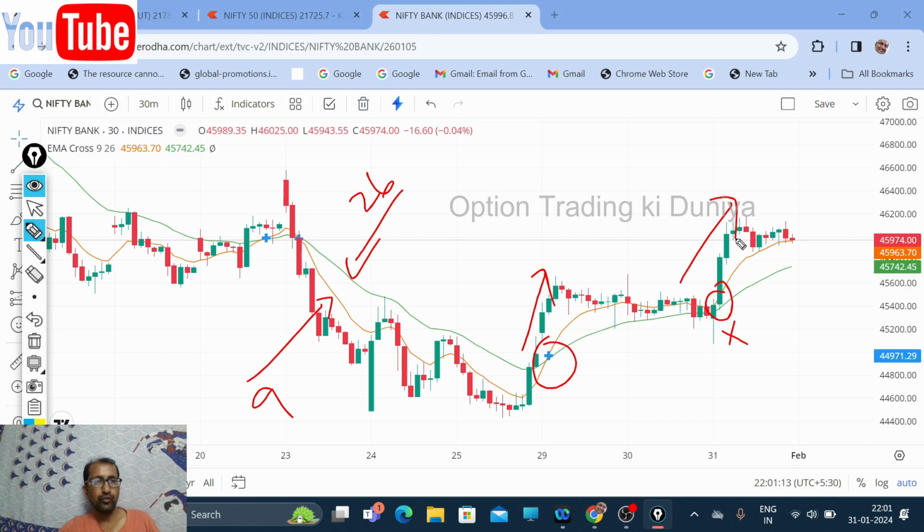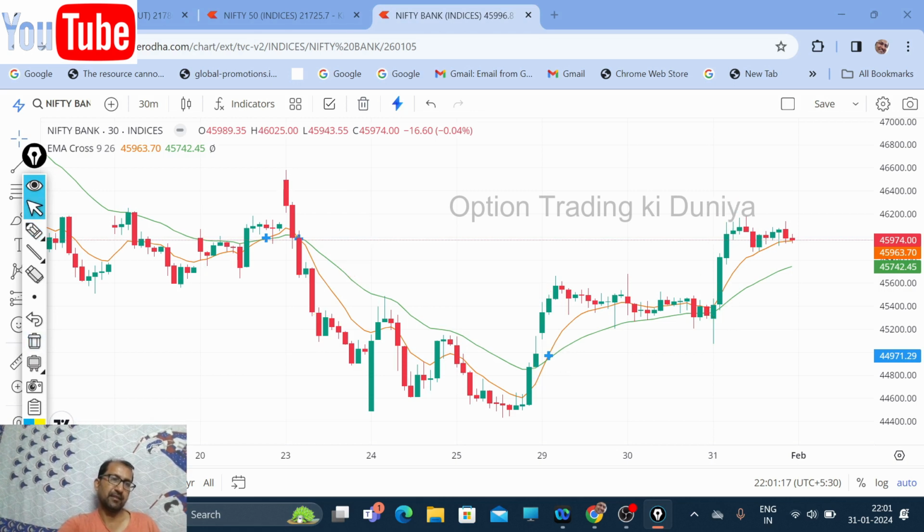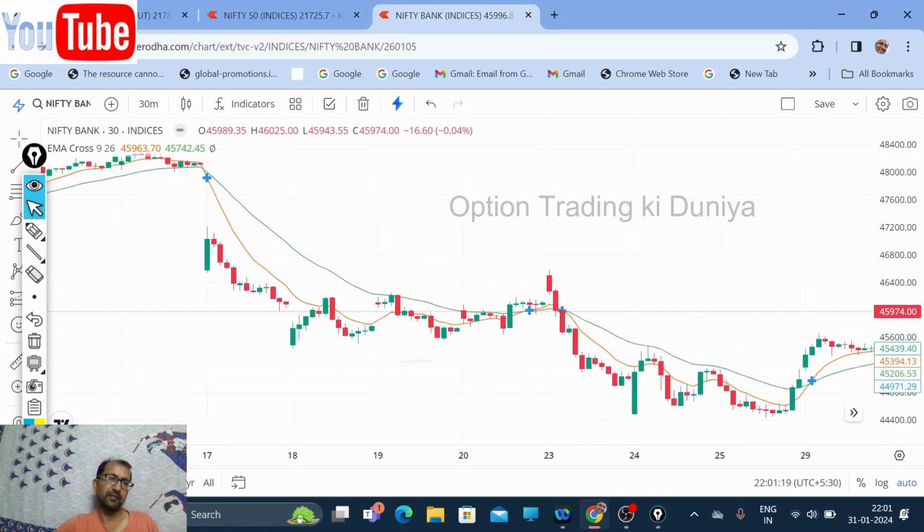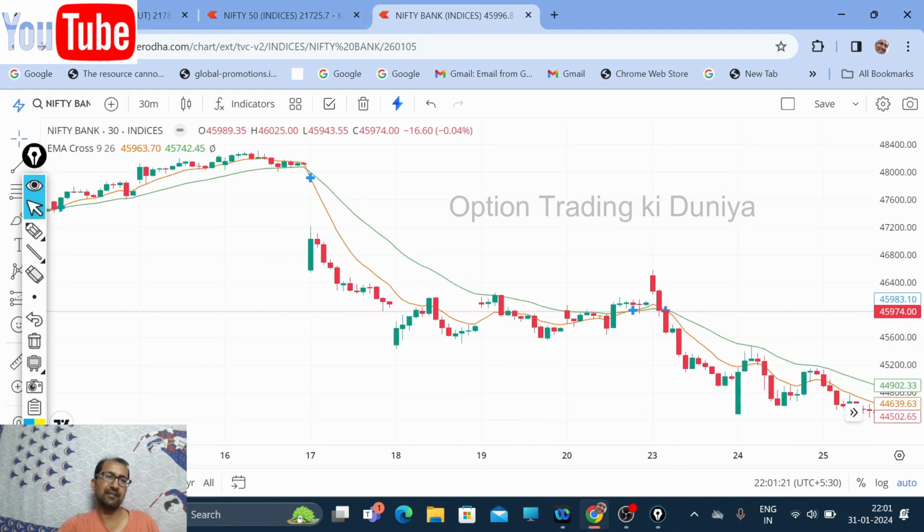Yeah, you can also go for back testing. So if I go for back testing, you can see here clear sell signal, but that is on gap down. Yeah, on 17th gap down. So this clear signal on gap down, very difficult to trade. So it's a sell signal.